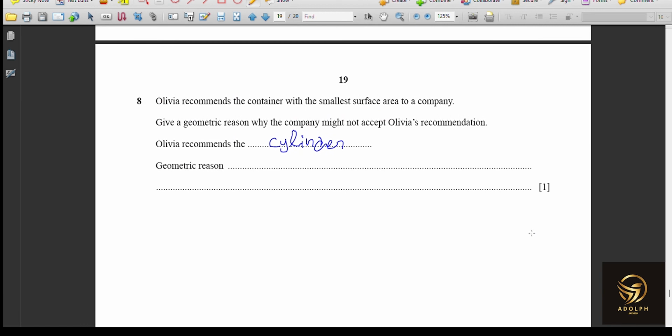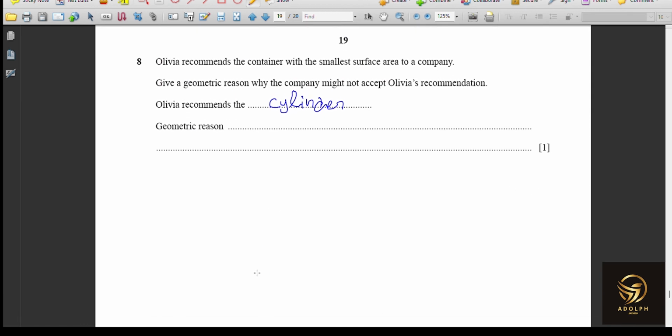She has suggested the cylinder because that has the minimum surface area. But why will the company not accept it? If you closely look into it, with the cuboid, it is very easy to make the machines because the wasted material will be very less. The square based pyramid has a bit more than the cuboid, but it's okay.